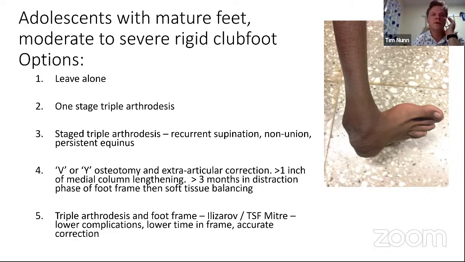So lastly, we've been looking at doing triple arthrodesis and combining that with a frame. Essentially, we do modest cuts for a triple arthrodesis, apply an Elizarov fixator frame, and then get correction of the residual deformity in a slow fashion, which seems to be better for soft tissues.